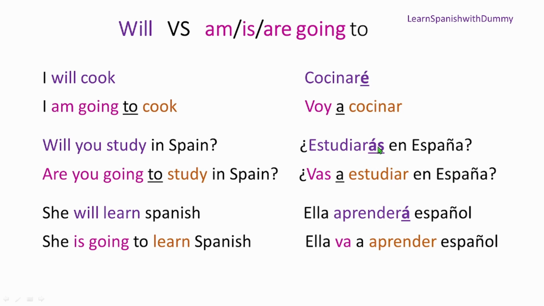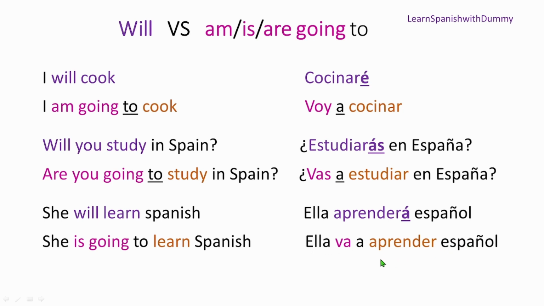If you see here, the same verb estudiar, we conjugated it in the first, but here we don't do that because it's a second verb, so we keep it as it is. She will learn Spanish: ella aprenderá español. But if you say she is going to learn Spanish, ella va a aprender español.